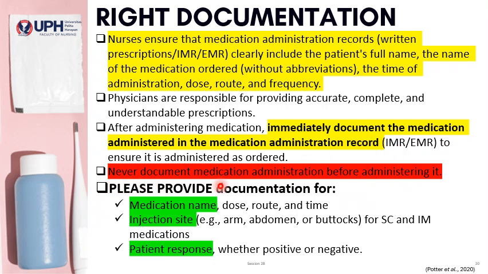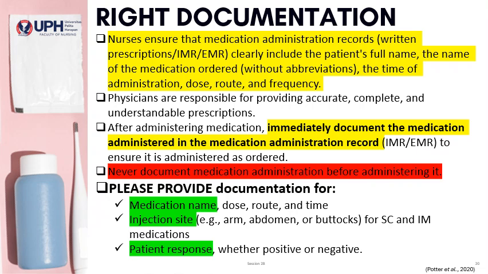And you cannot document a medication that is not administered, and you have to document after you administer the medication to the patient. You have to provide the medication name, the injection site or the route, and also the patient's response after the medication is given.